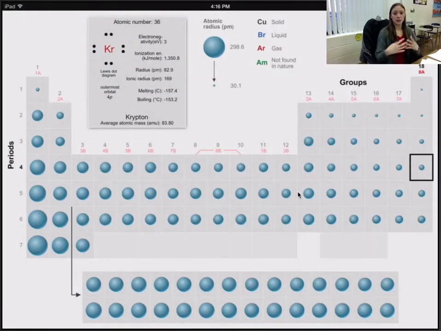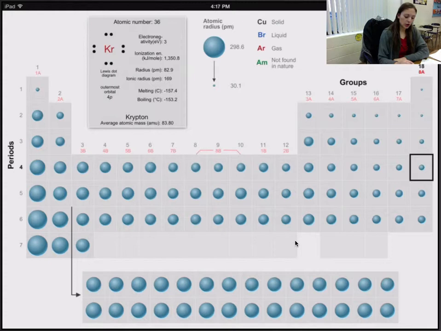All right, so this is a really nice picture of what these radii are. The really small ones are obviously smaller, the bigger ones are bigger, and they're measured in picometers or pm. So if I just glance across the table from left to right, you should be able to tell the basic trend is that it gets smaller. Now you notice that this one's a little bit bigger than these two.